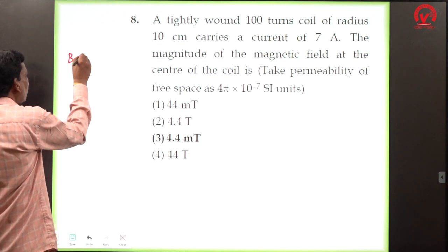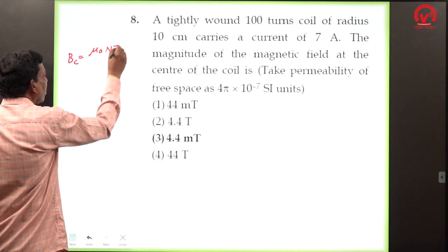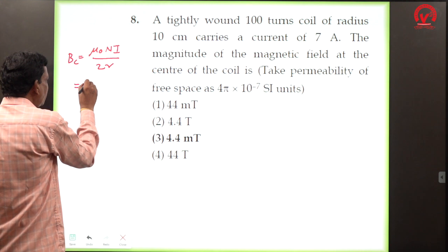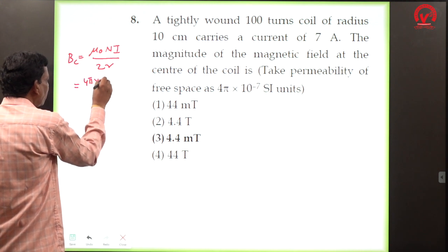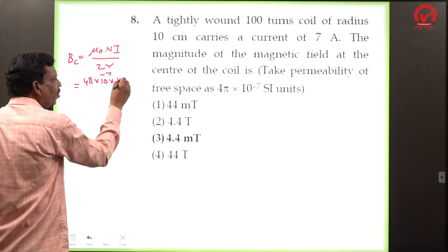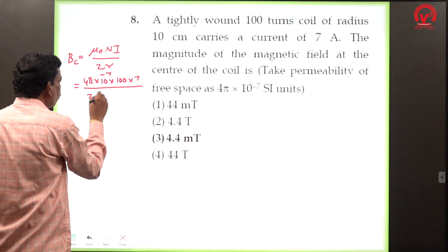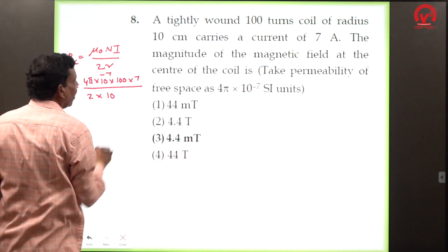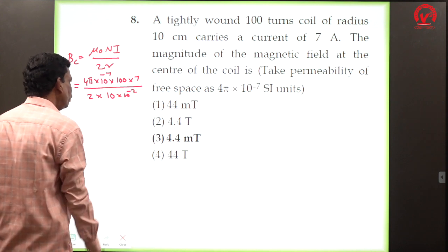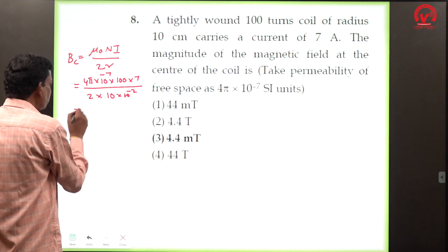B_C is equal to what? Mu naught N I by 2R. Mu naught is 4 pi into 10 power minus 7 into 100 into I, which is 7, by 2 into radius 10 centimeter, that is 10 into 10 power minus 2.